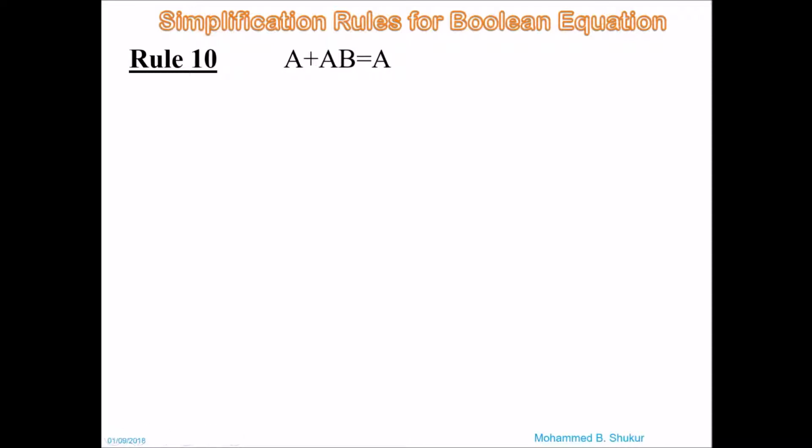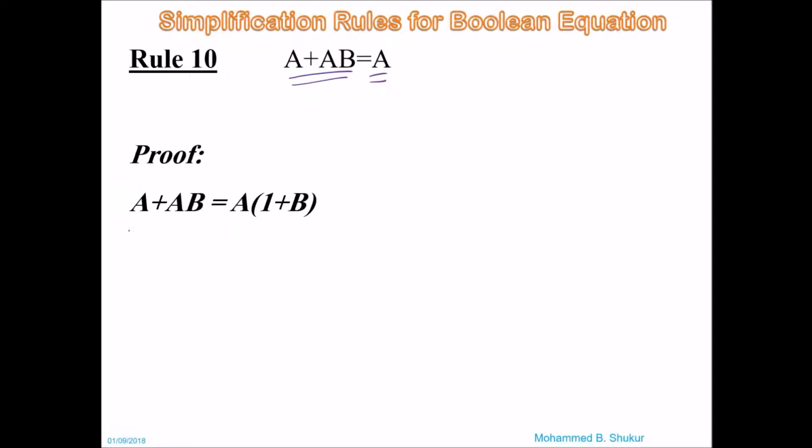So in rule number 10, A or A and B equal to A. Okay, let's prove this one. You can see the left hand side must equal the right hand side. So let's start with the left hand side, A or A and B. Now we can factor A like a common factor.